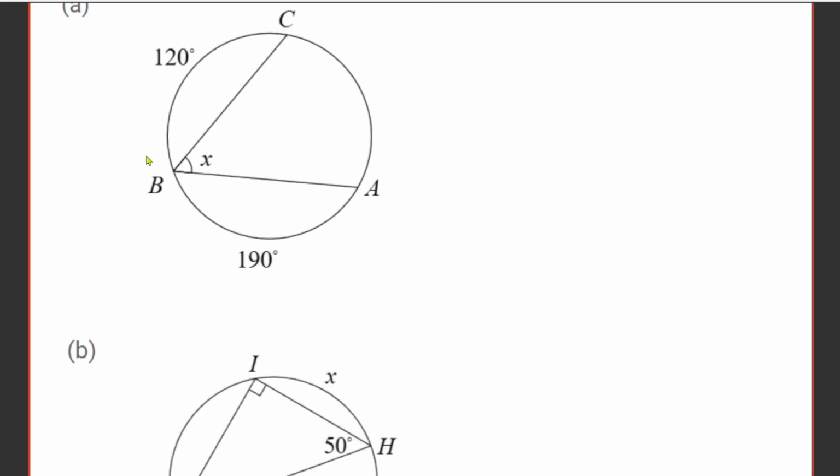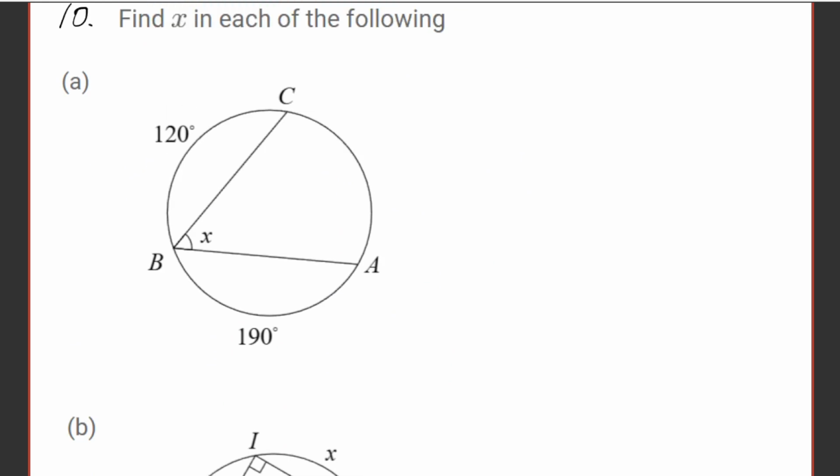Question number 10. Okay, again, basic understanding of the properties of the arc and corresponding angles. Find x in each of the following.